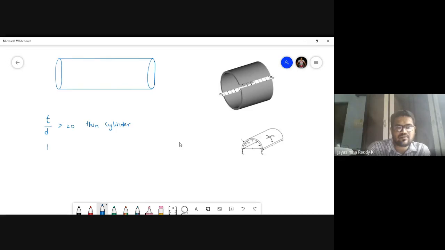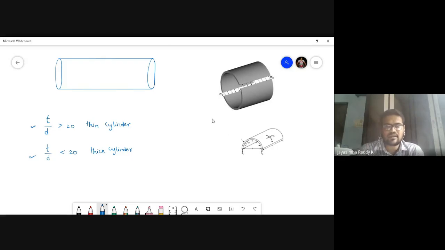And if the thickness to diameter ratio is less than 20, then we call it a thick cylinder. So in mechanical engineering, for designing purposes, the engineers have classified cylinders into two types. Those are thin cylinders and thick cylinders. I hope you got this, students.